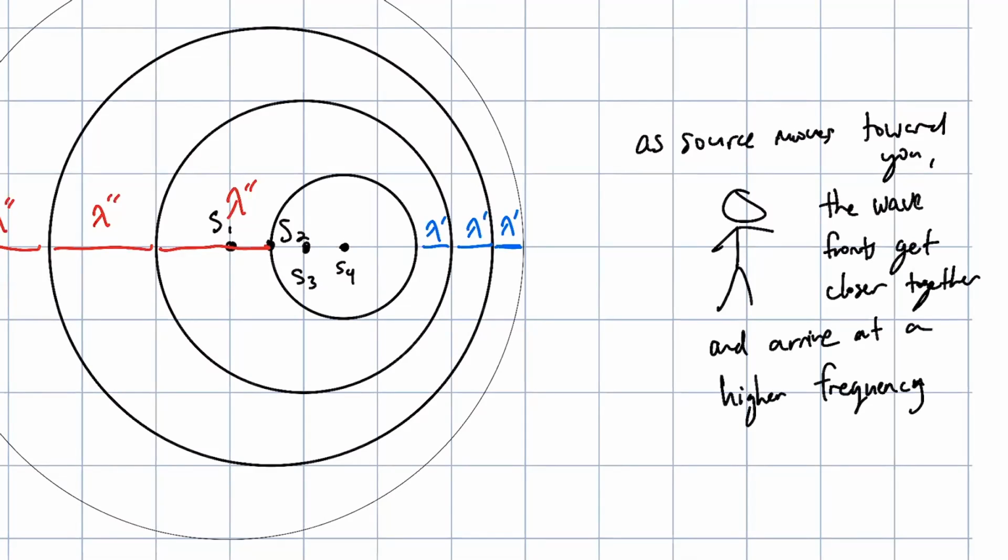What that means is that if this is a source of light and it's moving towards you really fast, it can actually change colors, right? It can appear to be a different frequency than the frequency that's emitted when it's stationary.